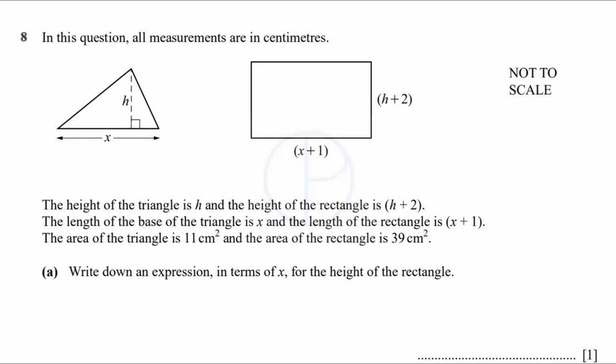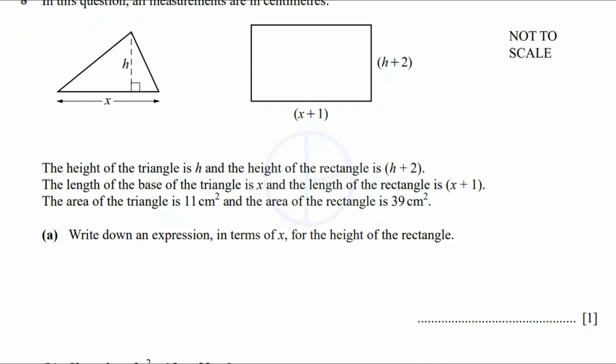So the area of the rectangle is given as 39 centimeter square, which is nothing but the height multiplied by length. Height of the rectangle is h plus 2, which is multiplied by length of the rectangle x plus 1, which gives the area of the rectangle 39.